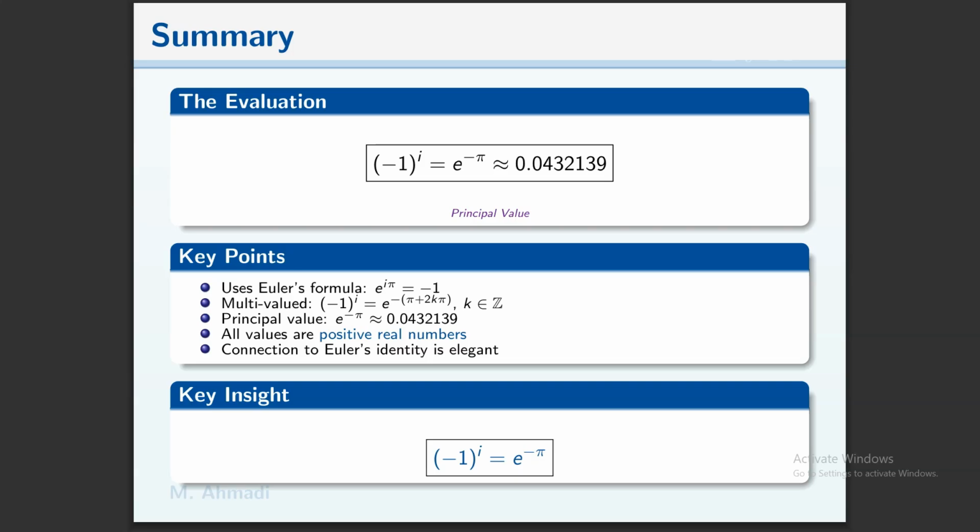And also it has its principal value, e^(-π), approximately equal to 0.04321391. All values are positive real numbers, and also that's the connection to Euler's identity. The takeaway is (-1)^i equals e^(-π).